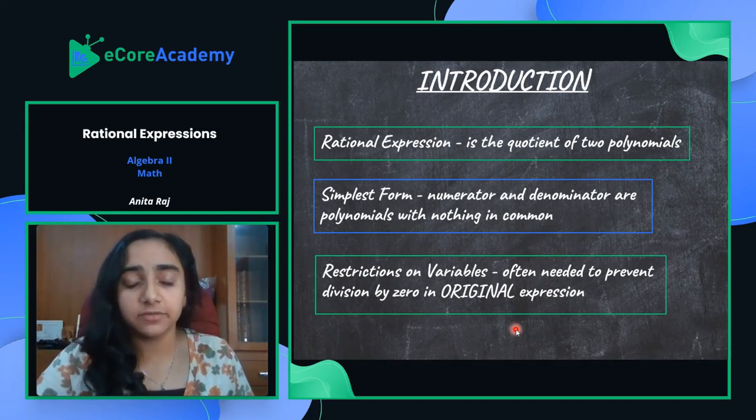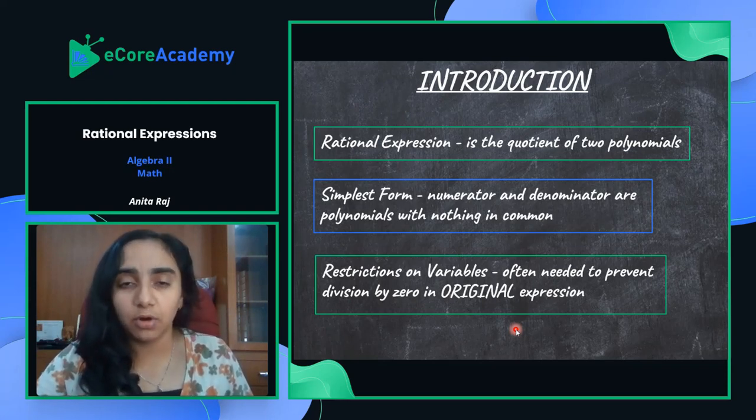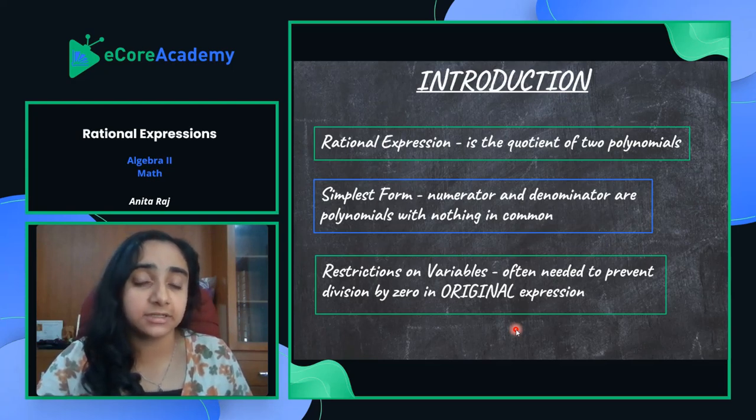So if we have a common factor in the denominator, for example, if we have x minus 3 as a common factor between the numerator and denominator, we have to make sure x never equals a number that makes the denominator 0. So in this case, x cannot equal 3, because if we plug 3 in, 3 minus 3 would be 0, and then that part of the denominator is 0. If you multiply it by anything else in the denominator, it's going to be 0.